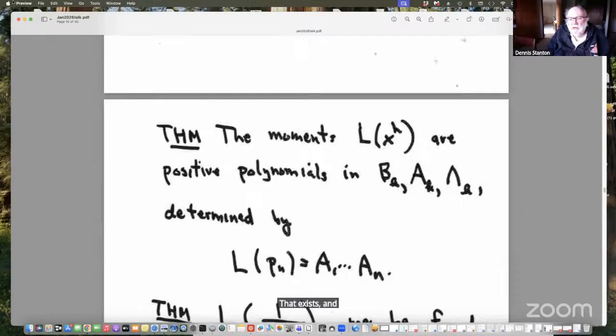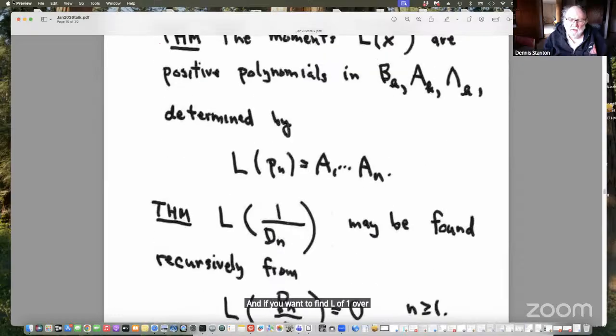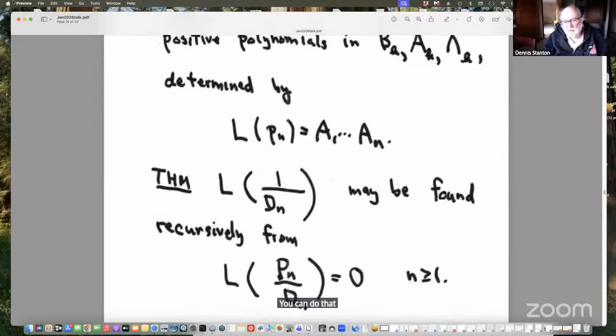And they can be uniquely determined by this equation. L of P_n is no longer 0, it's a product of the a's. You can do that recursively to find all the moments. And if you want to find L of 1 over d_n, you can do that recursively by doing L of P_n over d_n. Everything is in terms of the 3-term recurrence coefficients.